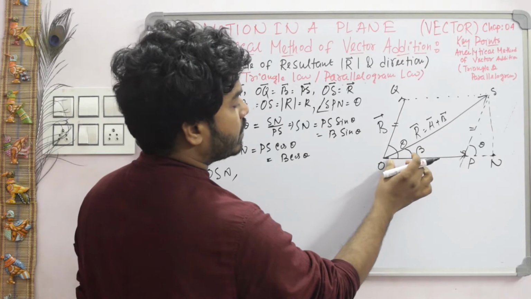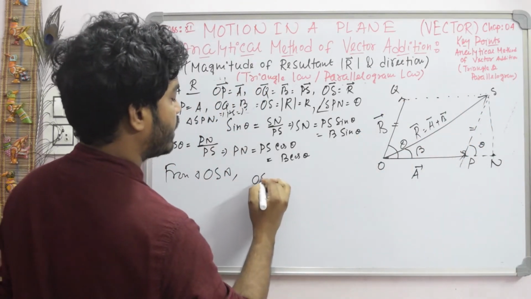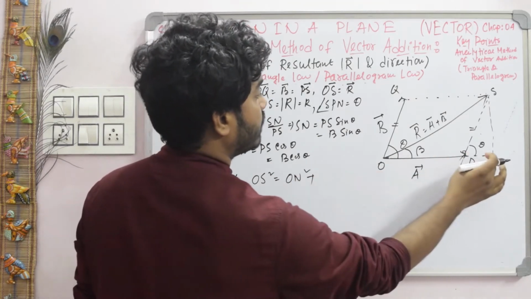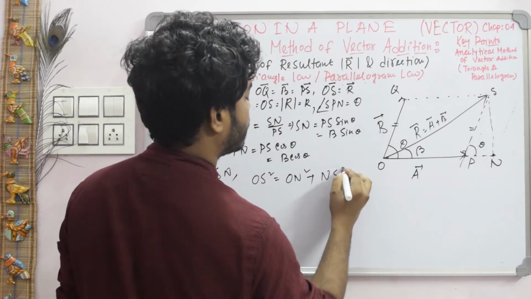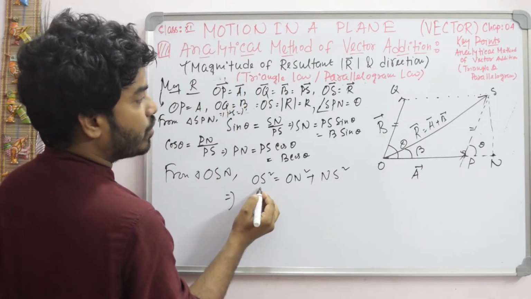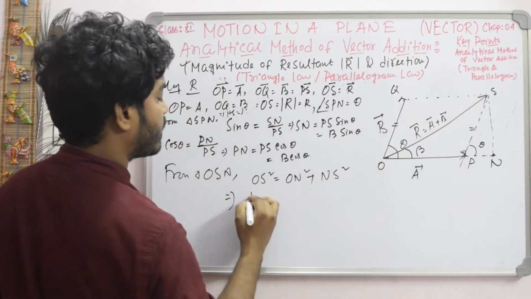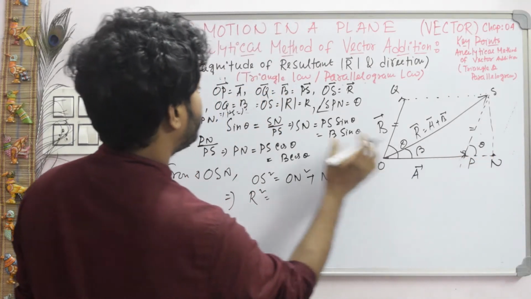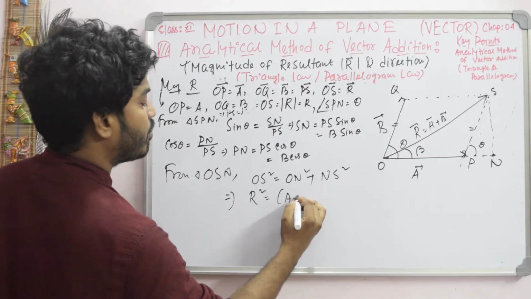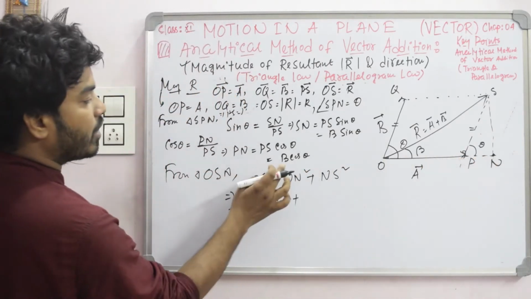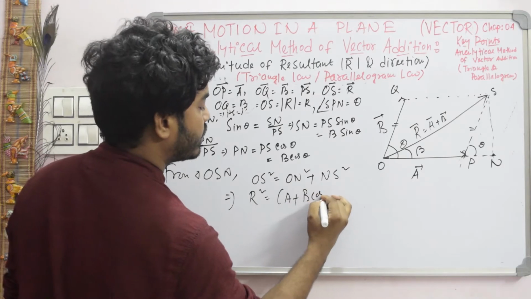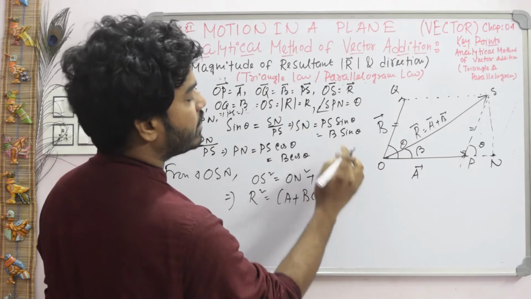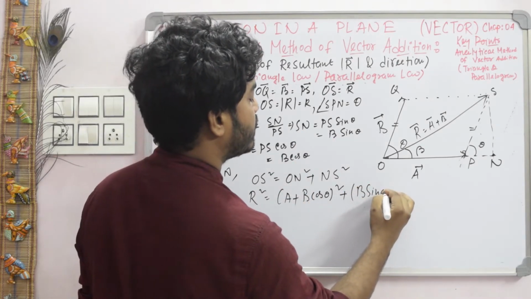Applying Pythagoras theorem, OS squared is equal to ON squared plus NS squared. OS represents the resultant, that is R squared. ON means OP plus PN, and OP is A, so A plus B cos theta, the whole squared, plus NS, which is B sin theta, the whole squared.